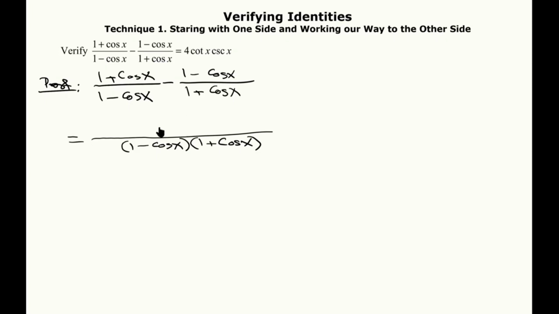Now, this fraction here is going to need a 1 plus cosine x on the bottom, which is going to require the same thing on the top. So we're going to multiply this expression by 1 plus cosine x. And we're going to do the same on the top.